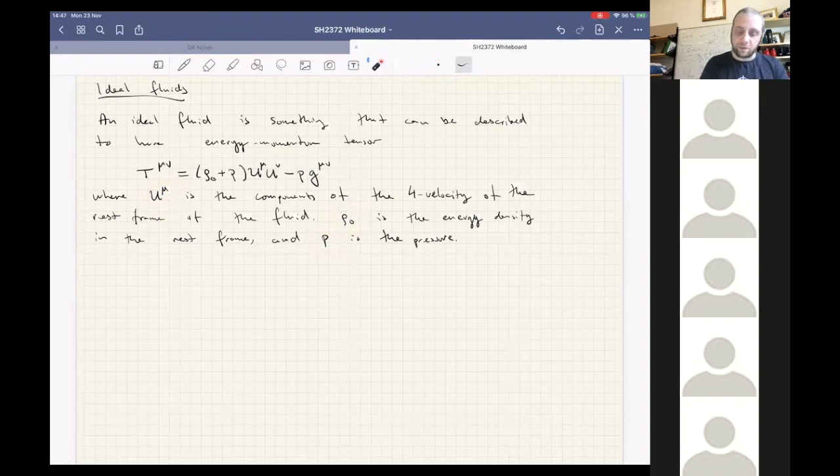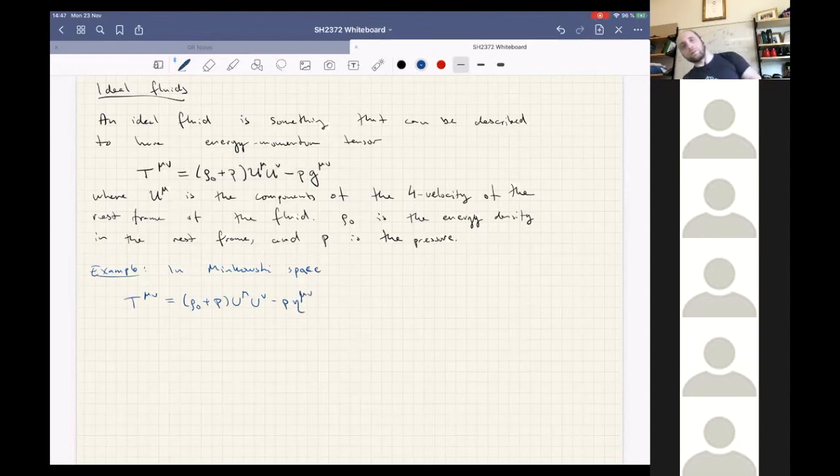So, for example, if you go to Minkowski space, you would have that T mu nu would be rho zero plus p, u mu u nu, minus p eta mu nu, because in Minkowski space we have the Minkowski metric. And if we then look at the rest frame, that is, we put u mu equal to (1, 0), then this would be given by the mu nu components of rho zero, and then zeros on the off diagonals.